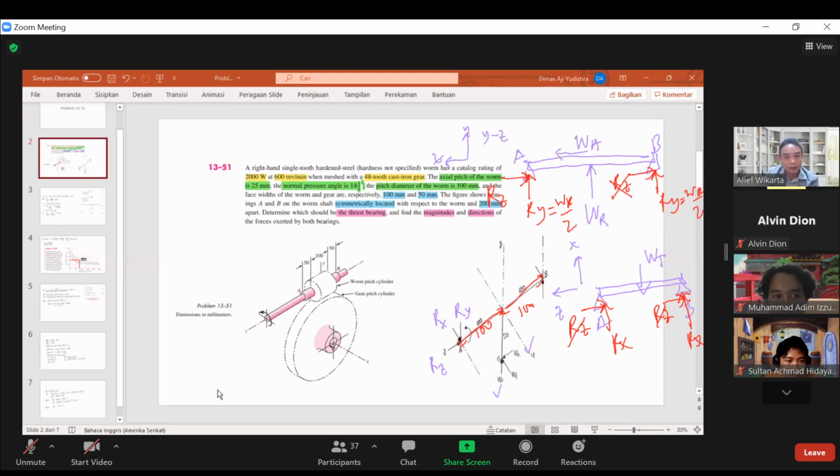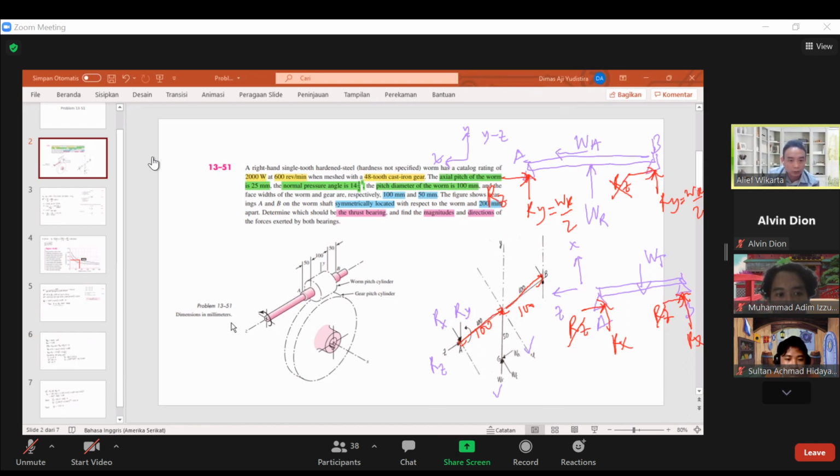You know what I mean, Mas Dimas? Yes, sir. Okay, so I hope you can solve it again by using this approach, and then you can check the result with the result from the solution manual that was solved by vector.